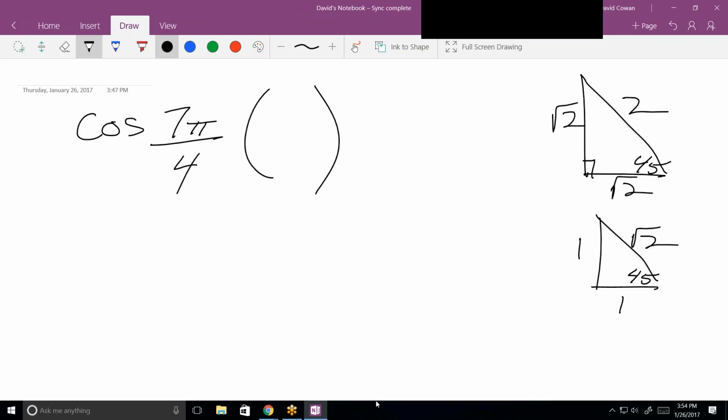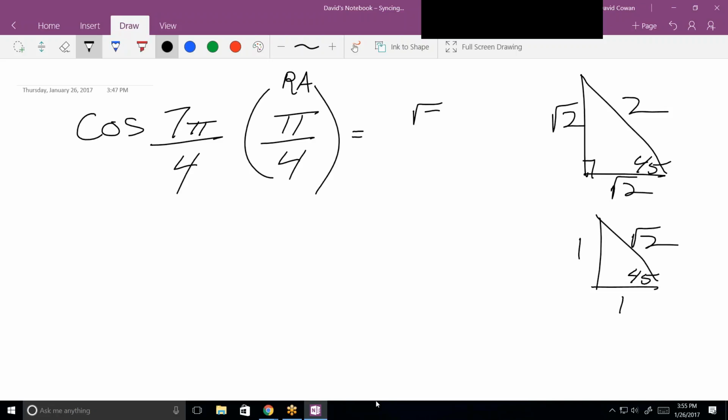What's its reference angle? Well, pi over 4. When I say what is its equivalent first quadrant angle, that's the same as what is its reference angle. In other words, this is the reference angle right there. Now, what's the cosine of pi over 4? The cosine of pi over 4 is root 2 over 2.